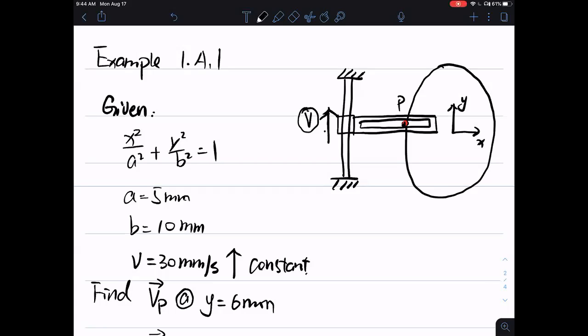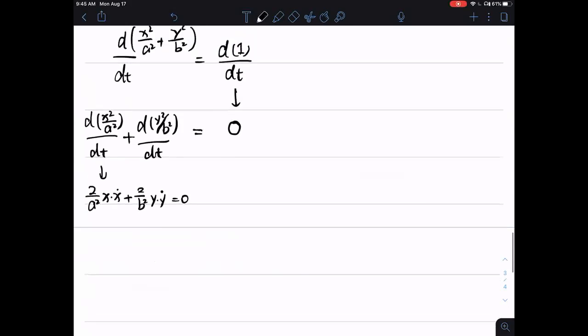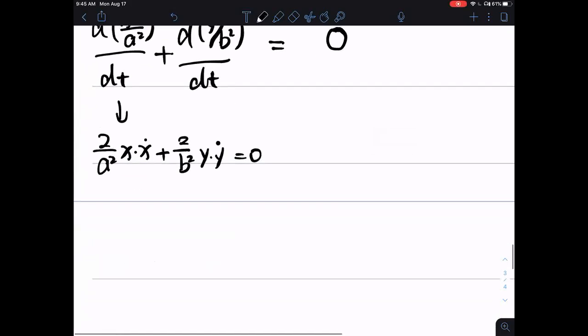Right? This particle p is controlled in y direction by this collar, how fast it's moving. So that tells us the y dot. Very important information about y dot. This y dot here, it's the speed in y direction, which is 30 millimeters per second, which is one of the given conditions.